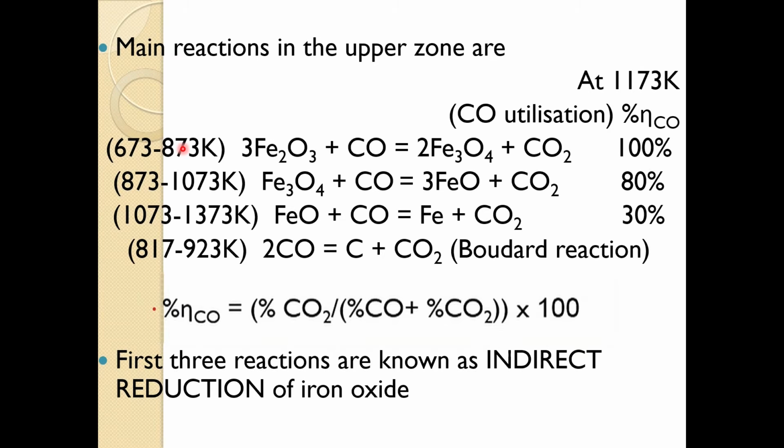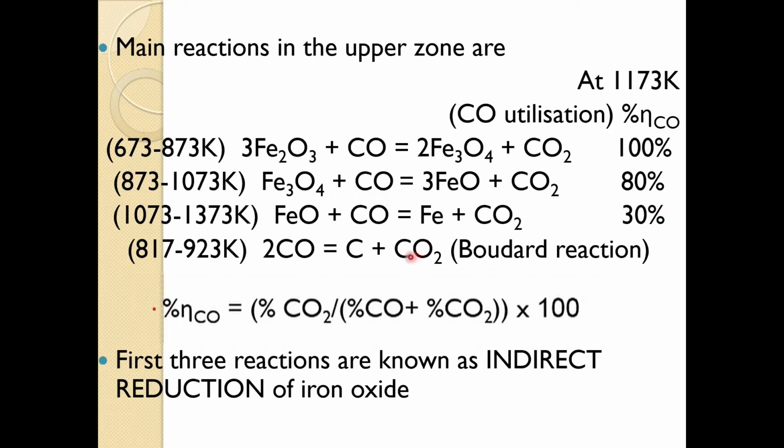Then magnetite to FeO has an efficiency of about 80% CO utilization. This reaction occurs a little bit in the stack region, the middle one, not that much in the upper zone, but some amount can occur, which has a 30% CO utilization.